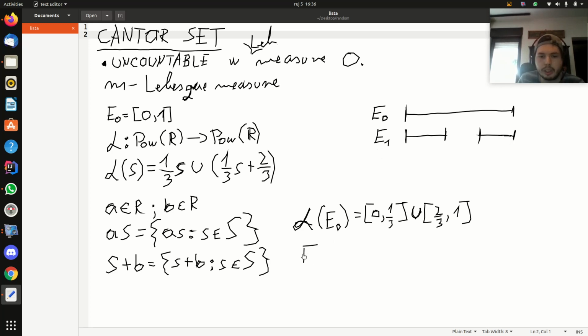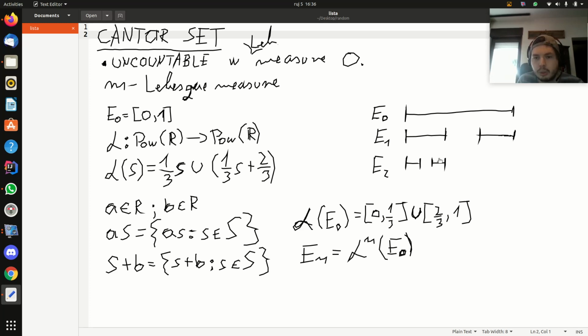And in general, we're going to define En to be alpha composed n times, with E0 as the element it acts on. Okay, so basically what we do at every step, for E2, we just delete the middle third out of every closed interval we have.